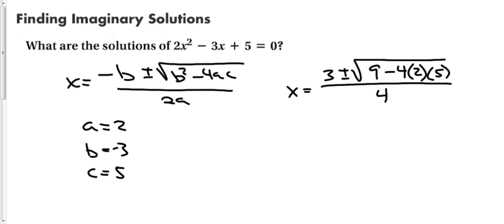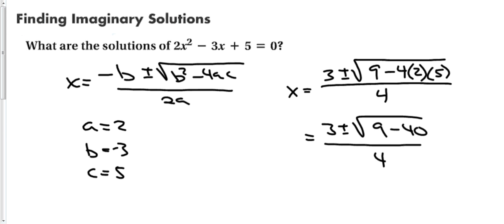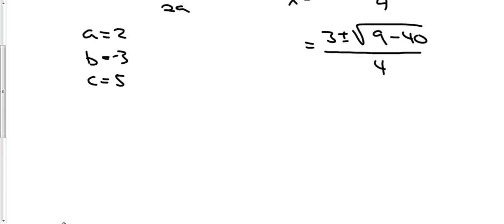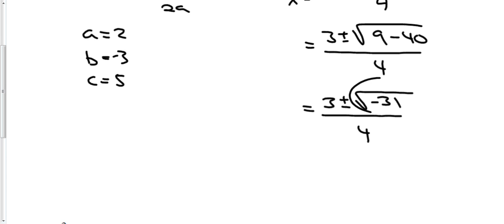Next, we have 3 plus or minus the square root of 9 minus 40 over 4. Well, that's 3 plus or minus the square root of negative 31. But there is no square root of negative 31. So that means that I have to change this radical into an imaginary unit.